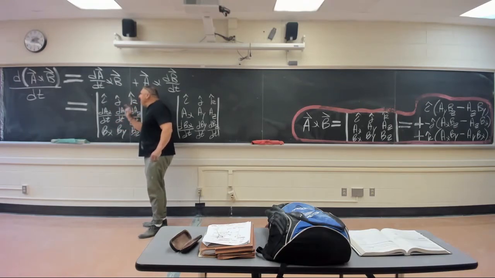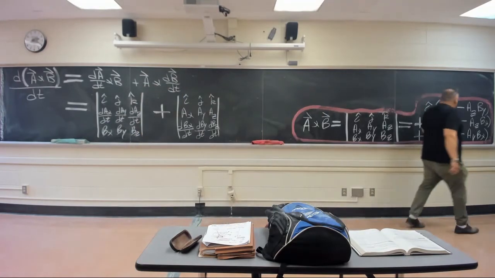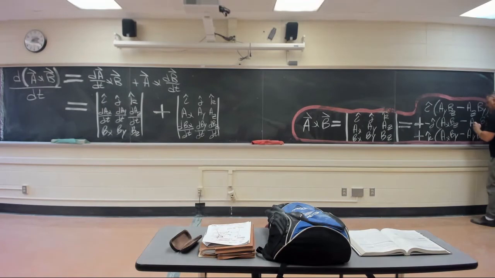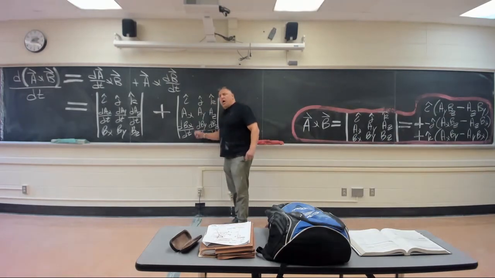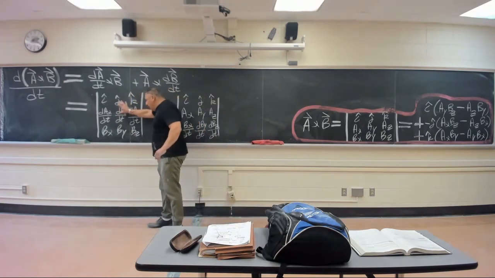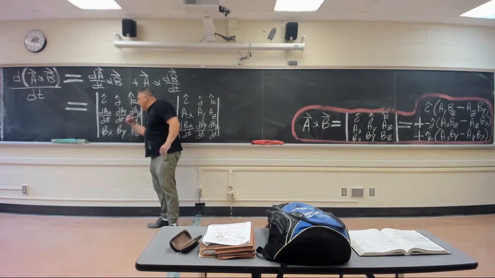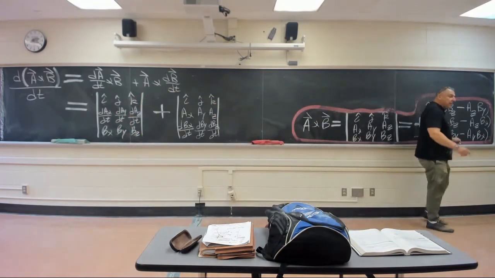You got dA vector dt. All the A's are going to have a d dt associated with them, and they stay right there. Then you go over here, and all the B's stay as is, with this exact same format, my friends.